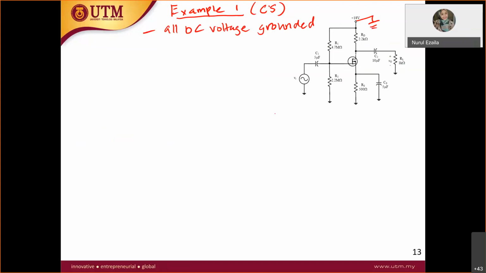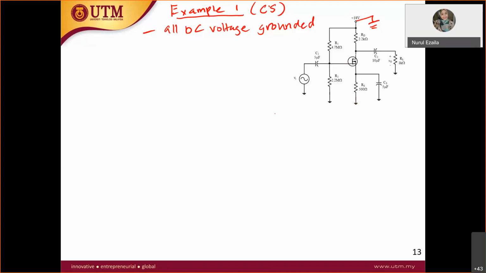Maybe this is a hint: if you have a voltage at the bottom over here, positive 18, and then negative 18 over here, this voltage also will be grounded, because it is connected to the ground. If you have back-to-back voltage sources, up and down, both voltages will be grounded.